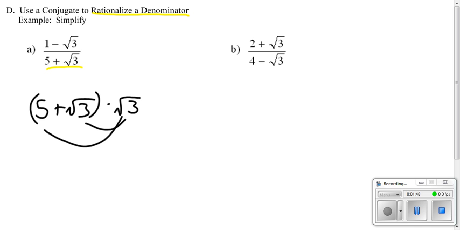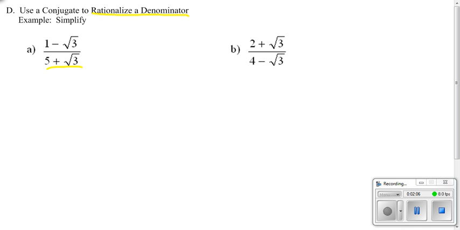Square root of 3 times the square root of 3 is 3. Square root of 3 times 5 is 5 square roots of 3. So in this case, you did get rid of this radical here, but now you made a new radical by multiplying by our 5. So just multiplying by the radical is not going to work in these cases.